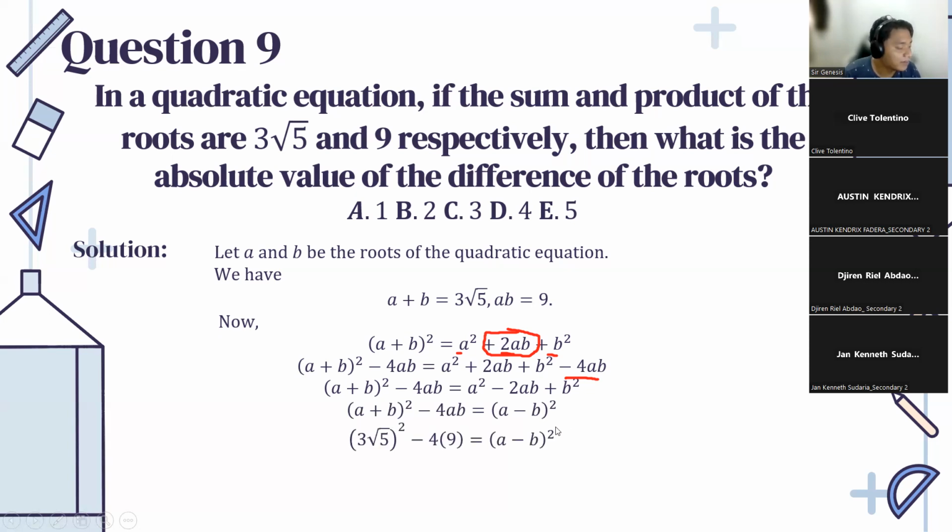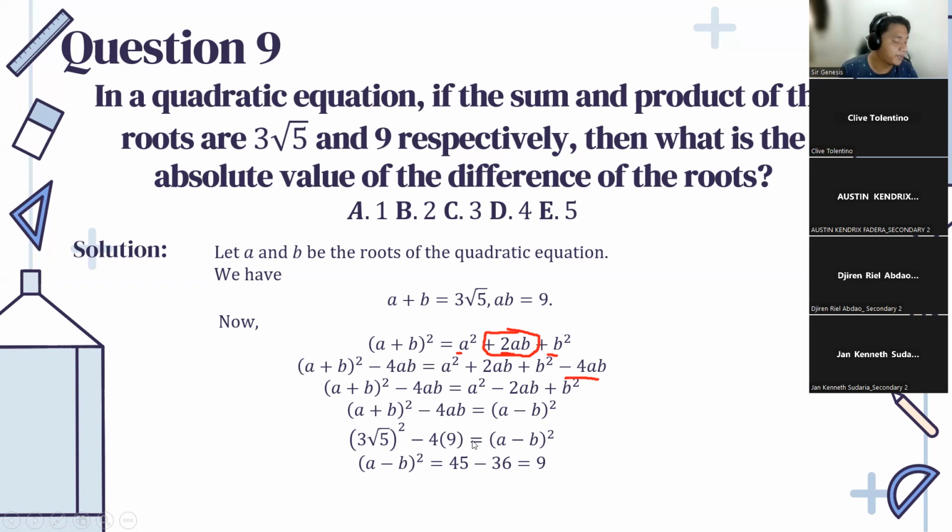Now substituting the values, we have A plus B squared, so 3 square root of 5 quantity squared, minus 4AB, so minus 4 times 9, that will be A minus B quantity squared. Now, 3 square root of 5 quantity squared will be 9 times 5, which is 45. 4 times 9 is 36. So we have 45 minus 36 is equal to 9.